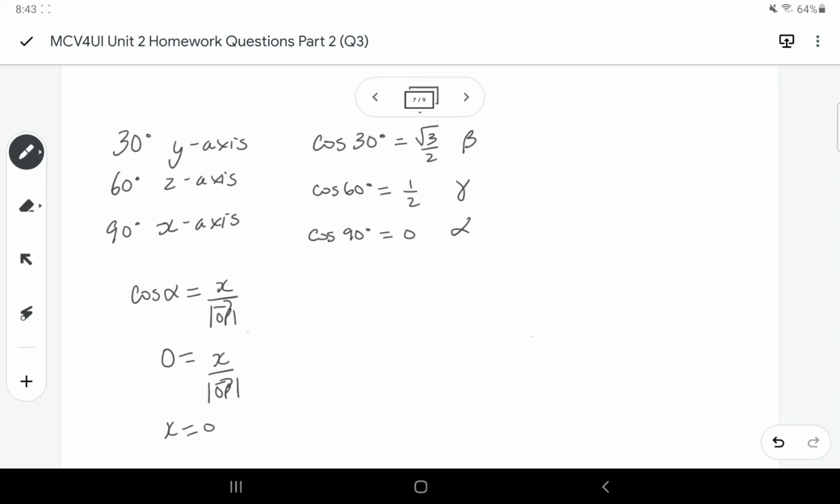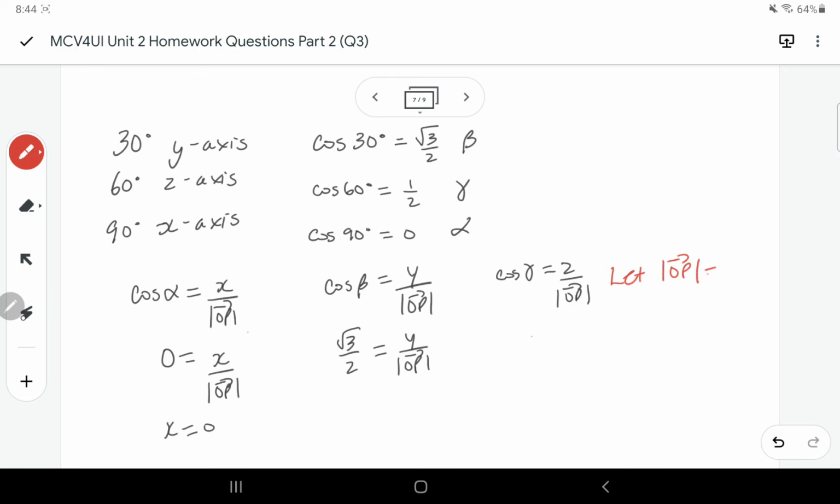And then cos beta is equal to y over the magnitude of OP. So root 3 over 2 will equal y over the magnitude of OP. And then similarly with gamma, now we could have any scalar multiple here with any magnitude. So I'm just going to say let the magnitude of OP equal 1.